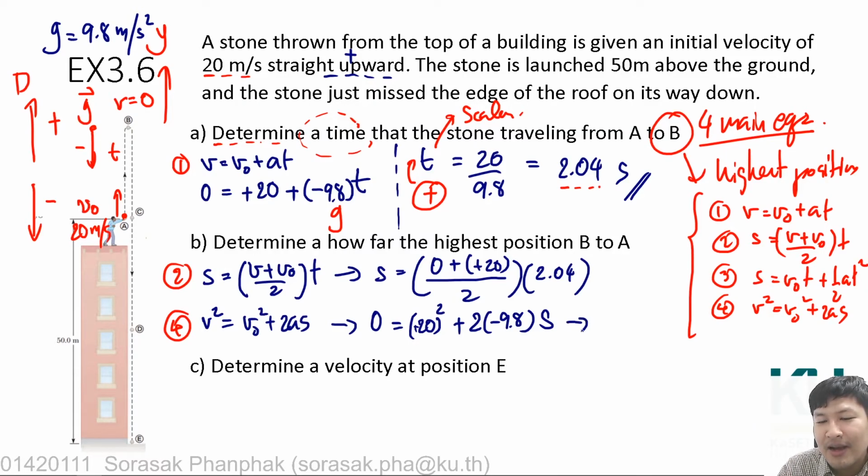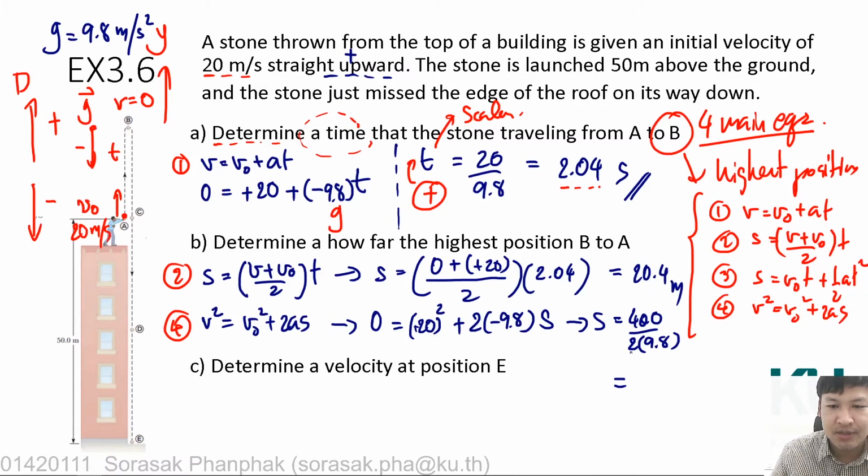So your s is 400 over 2 multiplied by 9.8. The height of this position is 20.4 meters. Exactly the same, right? Let's do the calculation and check it. Because you divide by 2 to the 10 and multiply with this term, you get this one, or you multiply from this term and calculate.